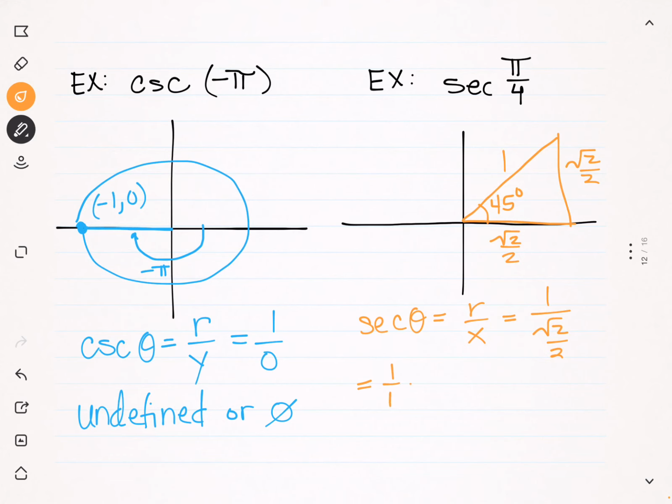We're going to flip and multiply, and then we're going to work on getting our radical out of the denominator. So we're going to multiply by root 2 over root 2, and that is going to give us 2 root 2 over 2, but then we can cancel these 2's out. So final answer, root 2.